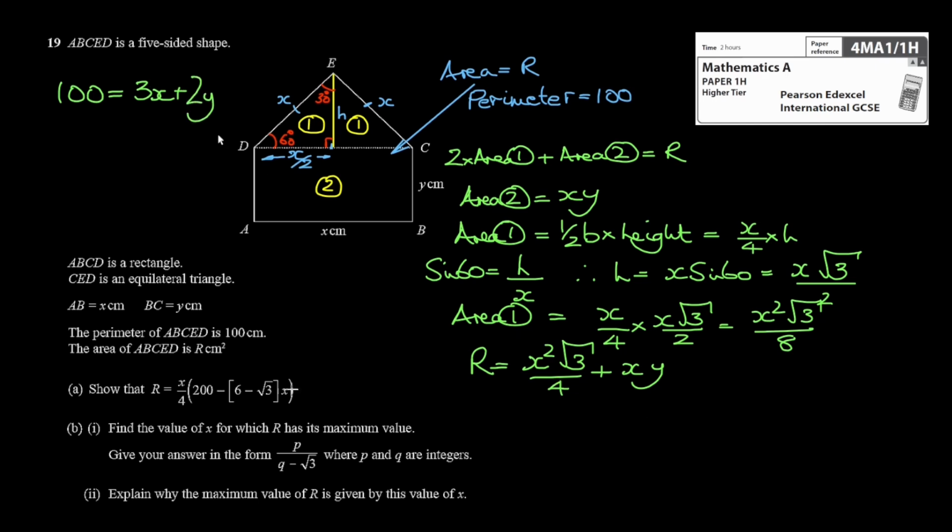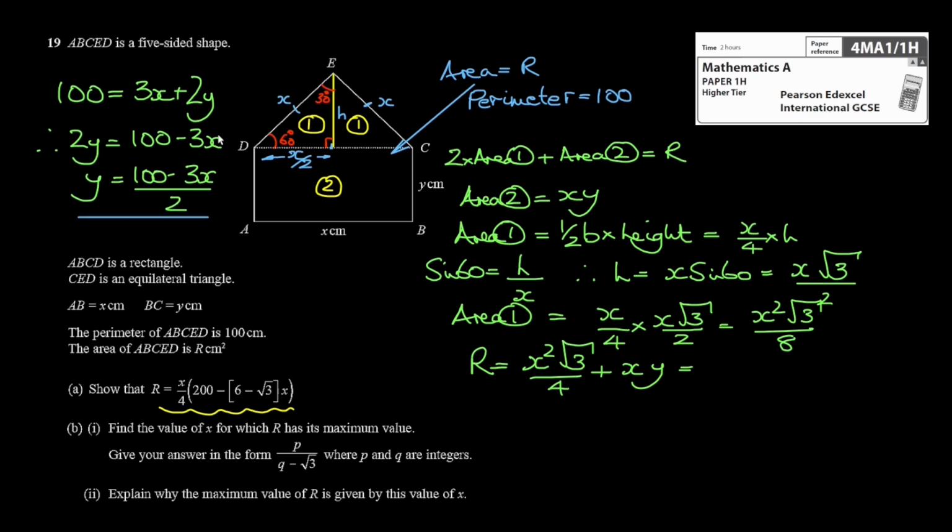We want to eliminate y because y does not appear in the expression they've given us for R. So let's make y the subject. Therefore, 2y is equal to 100 minus 3x, and y is equal to 100 minus 3x, both divided by 2.